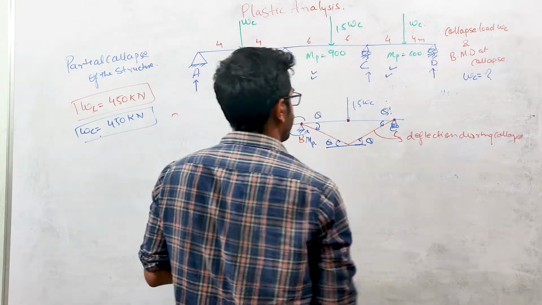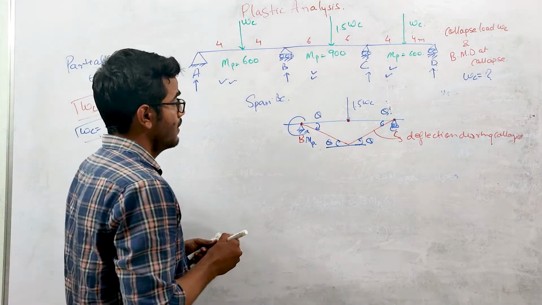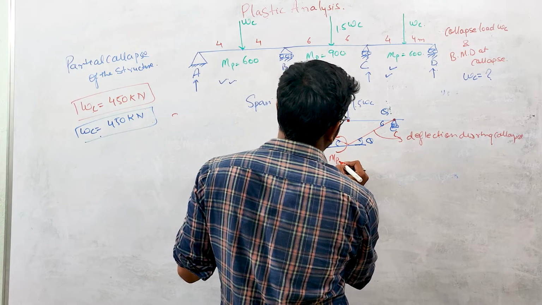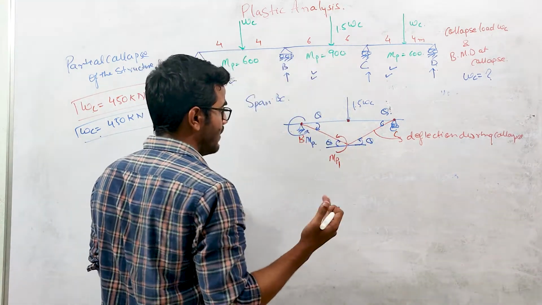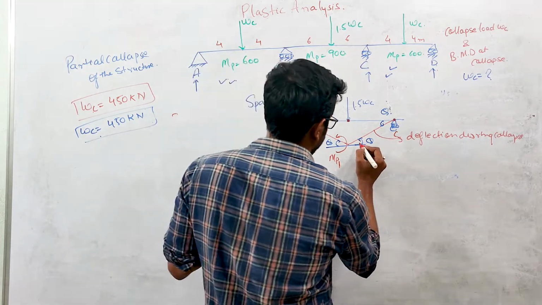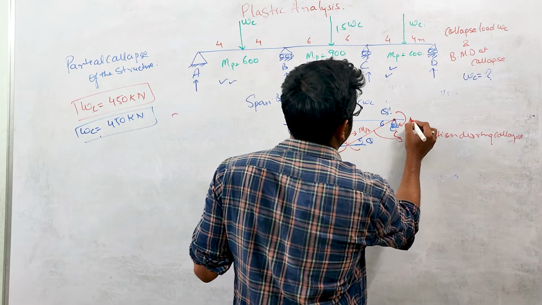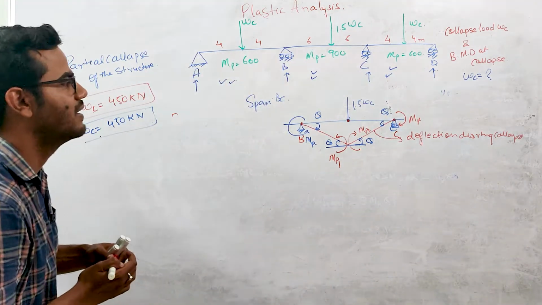This will be theta. Here, the direction of MP will be like this. Let us suppose this is MP1, because at this center the plastic moment capacity is 900, so it will be different from this MP. Here also this is MP1, and at this point this will be MP, because the plastic hinge will form in the weak member, that is CD.